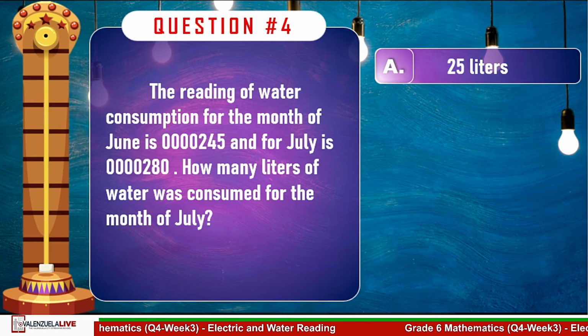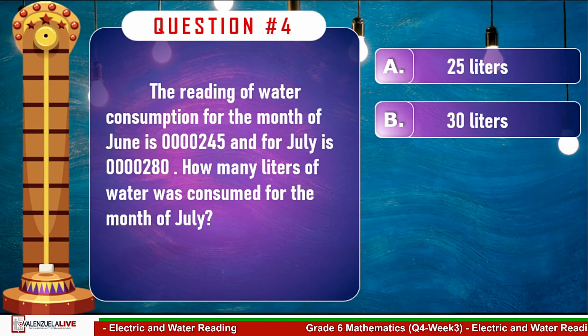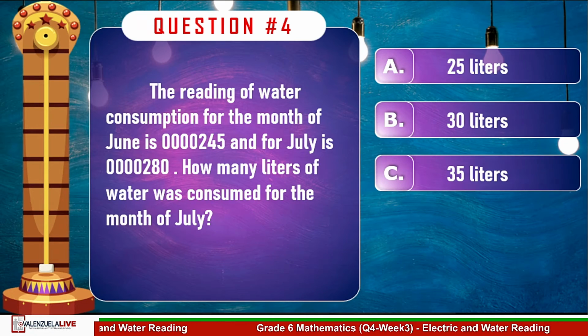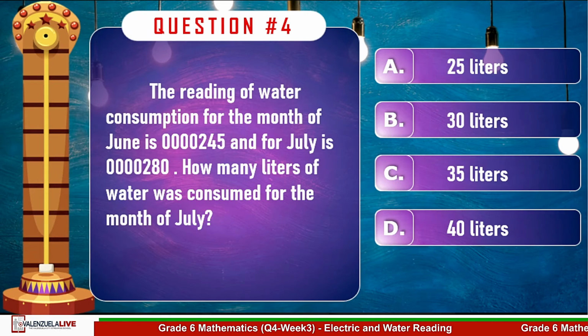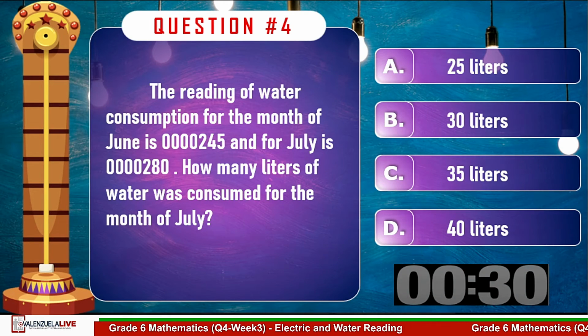The choices are letter A, 25 liters, letter B, 30 liters, letter C, 35 liters, and letter D, 40 liters. Your 30 seconds. Timer starts now.